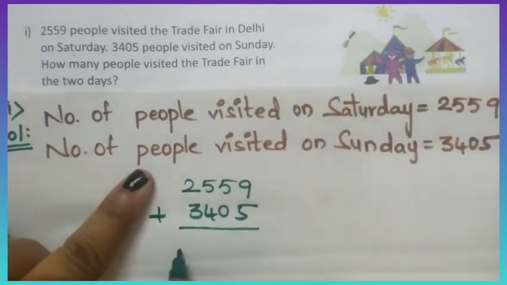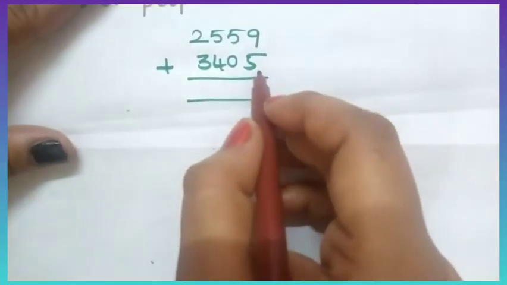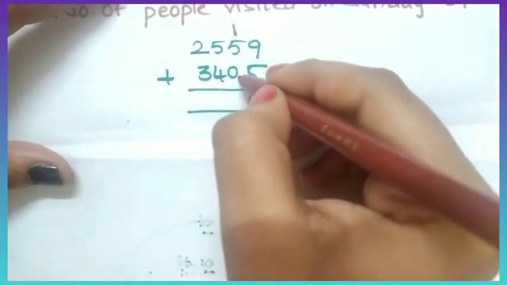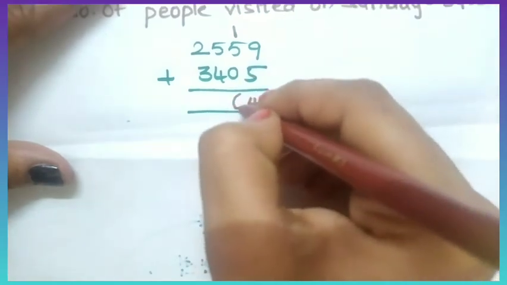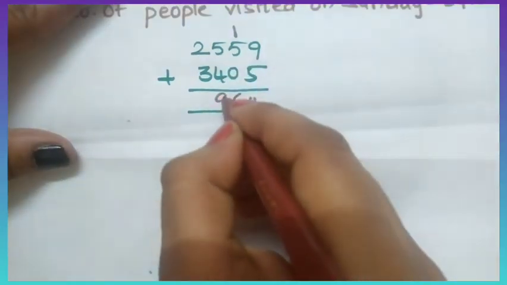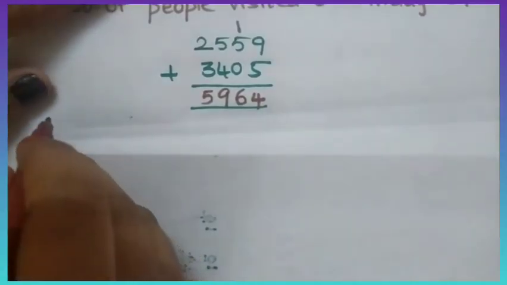Add these two. Look here, 9 plus 5, 14. 4 here, 1 taken as carry. 1 plus 5, 6. 6 plus 0, 6 only. When we add any number with 0, we'll get the same number. So 6 only. 5 plus 4, 9. 2 plus 3, 5. 5964.